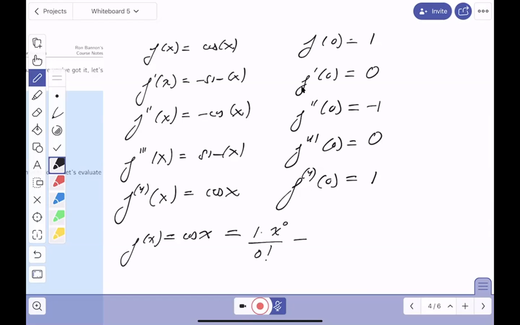So it's going to be 1 times x squared over 2 factorial, plus the next one, which would be 1 times x to the 4 over 4 factorial. I think I get an idea now.